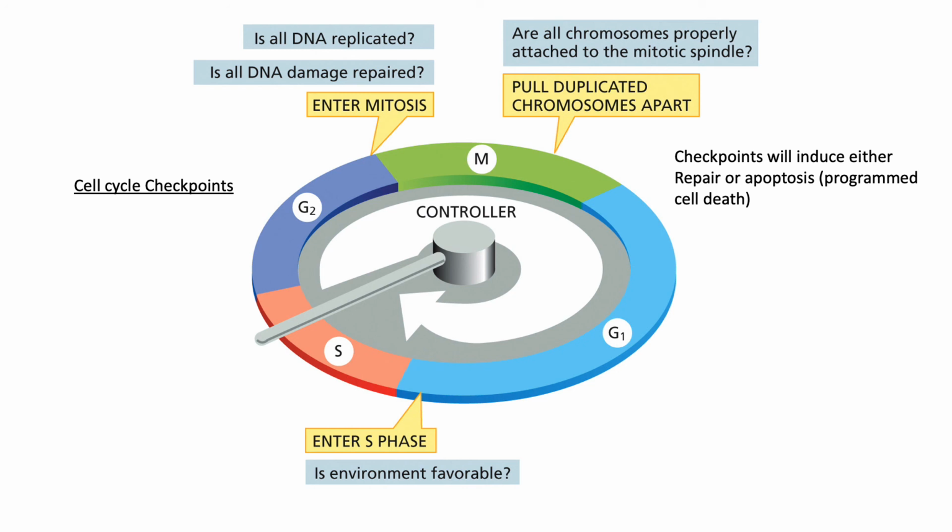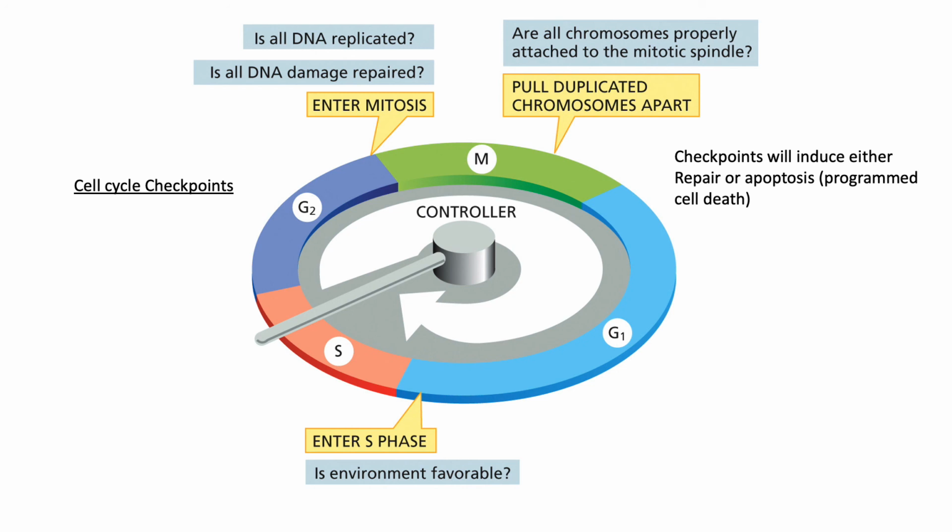Because if there are defects or mutations in the DNA, the cell has a way to identify that and then not undergo DNA synthesis. Because the idea is you don't want to replicate damaged DNA. So the G1 checkpoint is identifying lesions in DNA.